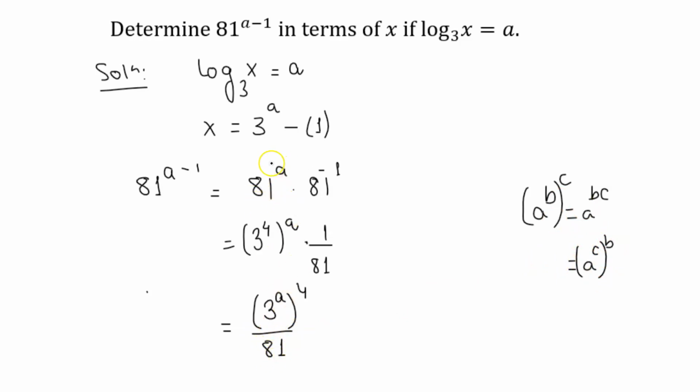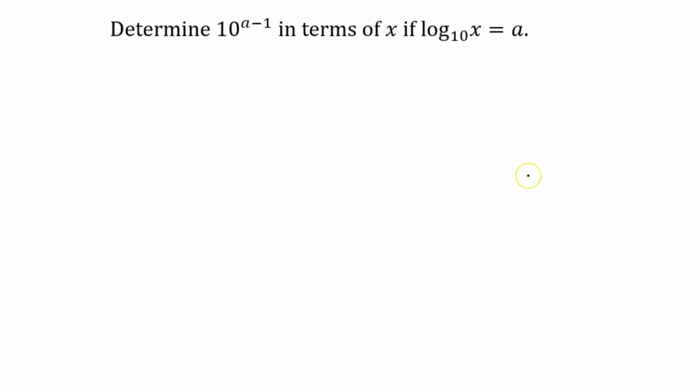We have already obtained 3 raised to the power of a, so that's x as per equation number 1. So we'll substitute this value here, and finally this gives us 81 whole raised to the power a minus 1 equals, since 3 raised to the power of a is simply x, x raised to the power of 4 whole divided by 81. So this is the final answer.